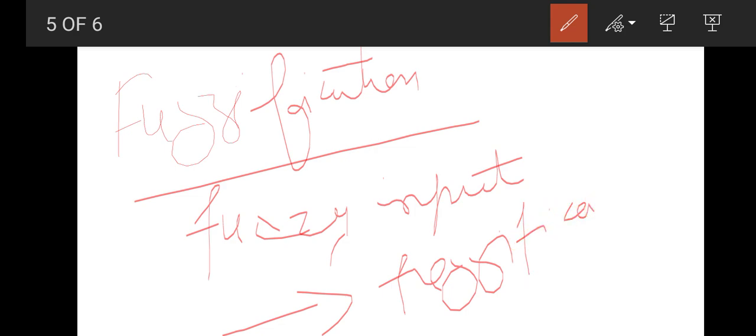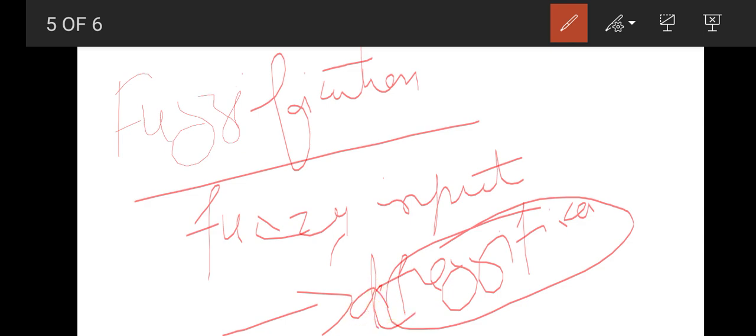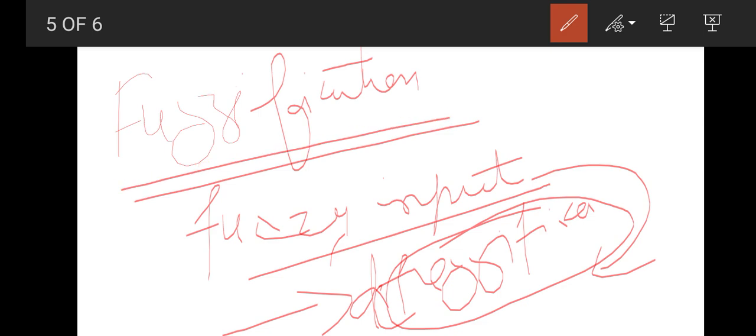The defuzzifier will take the fuzzy inputs and convert them into crisp data sets, while the fuzzifier will take the crisp data and convert it into fuzzy sets. So this is the basic procedure working behind the fuzzification and the defuzzification module.